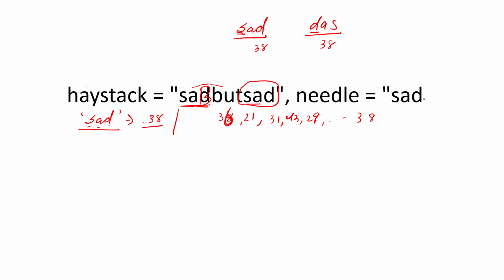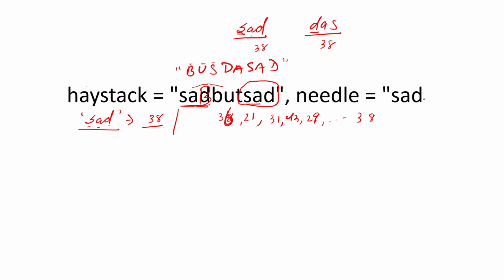It is 38. Now what I will have to do, suppose this is "sab". Let us change this to "busdasad". If I want to compare, then I'll have to calculate the sum of three consecutive or adjacent characters.